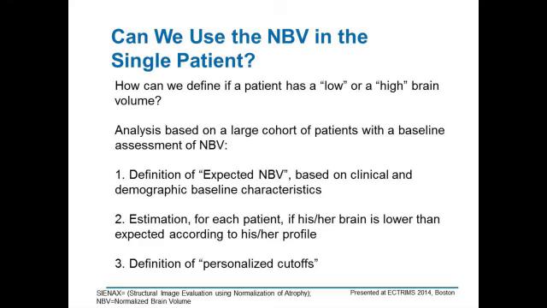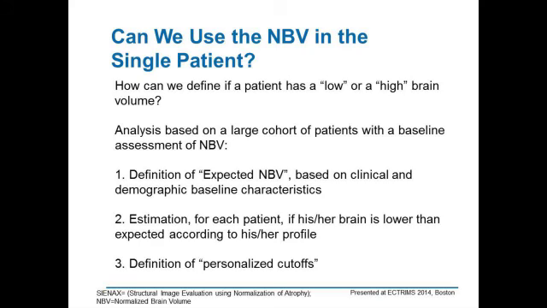I will try to define what is an expected volume of the brain of each patient according to his baseline characteristics. In fact, it is well known that the volume of the brain depends also on the story of the patient. First of all, on the age. We do lose brain volume with age, so older patients are expected to have a smaller brain than younger patients.